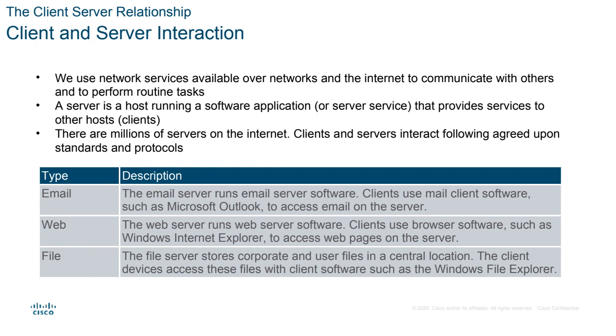The clients and servers interact following the TCP/IP protocol. Some types of applications and services on the internet are email, web for browsing the internet, and file sharing, FTP, file transfer.